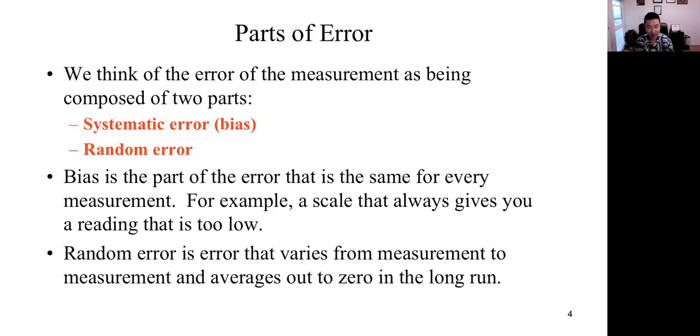The second part of error is called random error. That's the error that varies from measurement to measurement, and if we take the average of these measurements, it will average out to 0 in the long run.